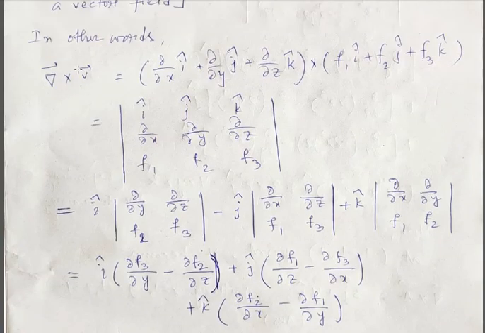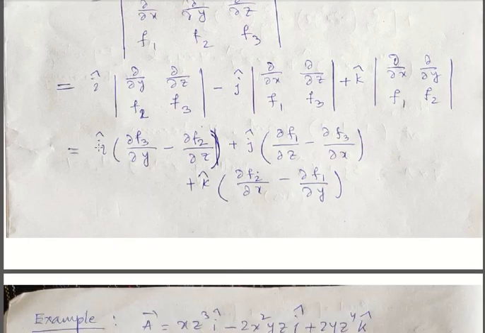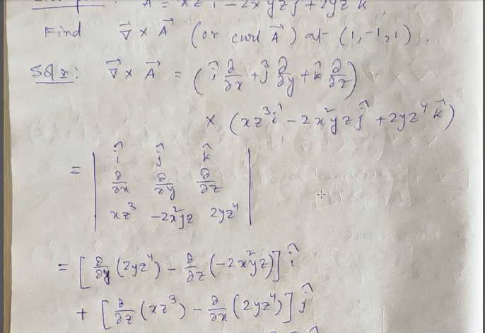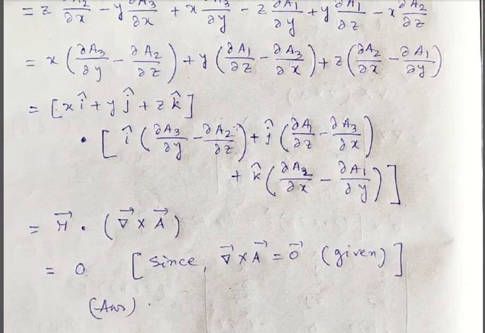Look at this, del cross v or del cross a, whatever it is, the curl value is this one, i del f3 del y minus del f. So this one is nothing but this. So we can write this one as del cross a. So r dot del cross a.